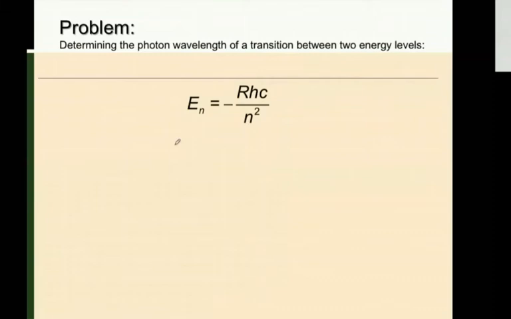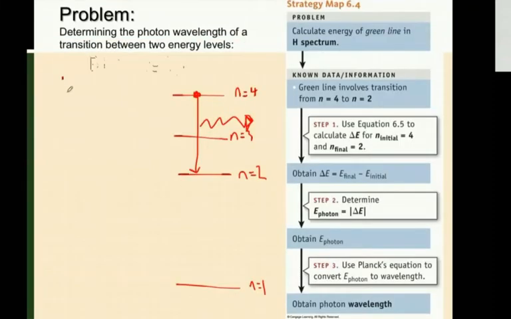Because remember that E is equal to h nu and c is equal to wavelength times nu, which means if we put nu in here, we get E is equal to h times c over the wavelength, which can be rearranged to give us the wavelength.